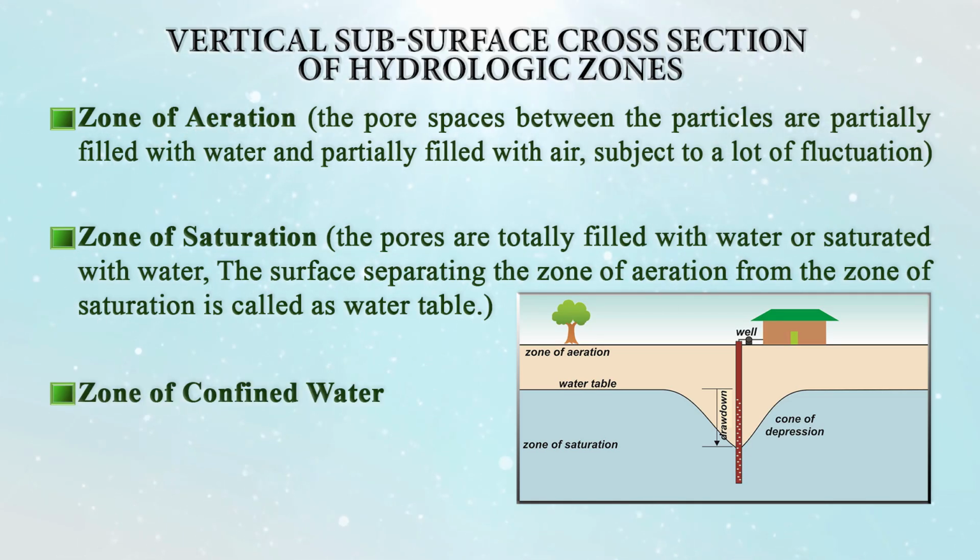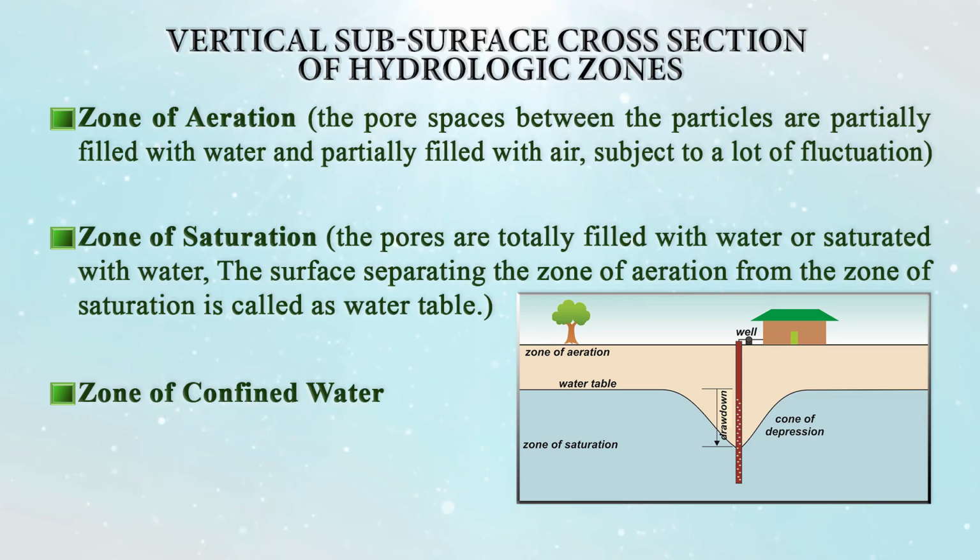There is another layer which is the zone of confined water, and it is a permeable layer between two impermeable layers, which are called aquitards, and it holds a considerable amount of water.